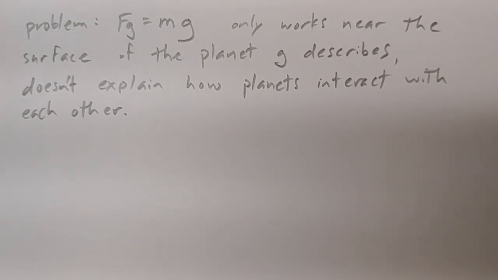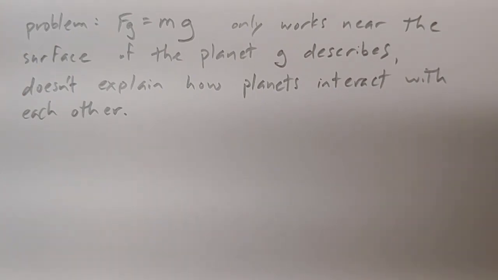We'll talk more about this when we get to Kepler's laws, but from the data you can tell that the force of gravity between the planets has to get smaller as they get further apart. And so we need to figure out a new equation.